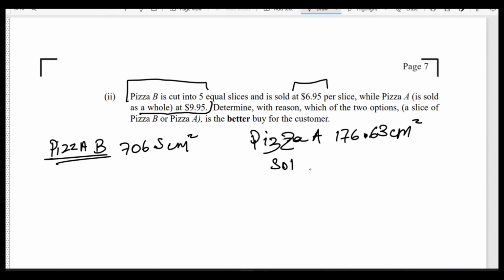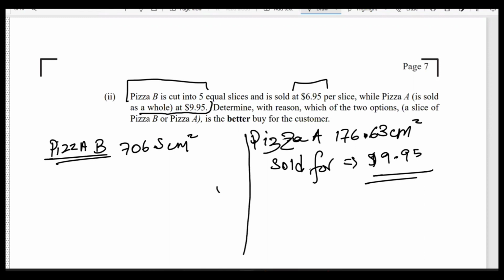We could write that this pizza A is sold for $9.95. Now we want to know the better buy. So we're going to have to work out what goes on with pizza B.